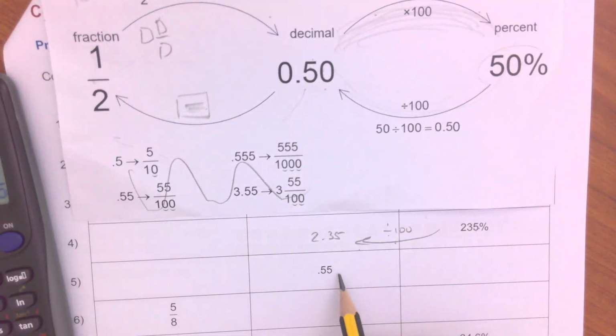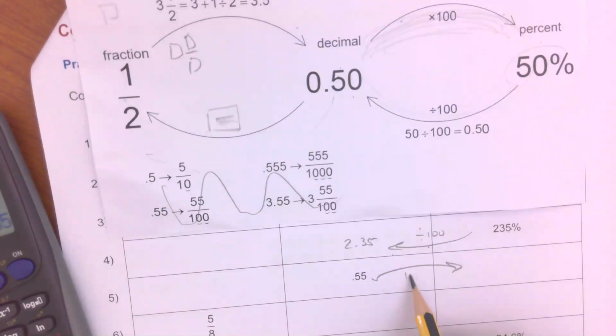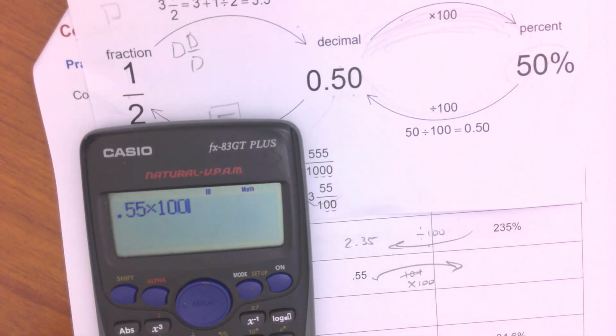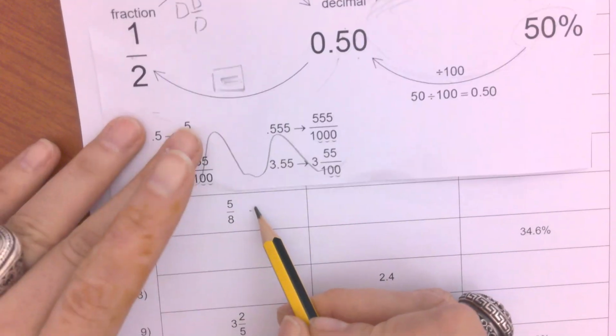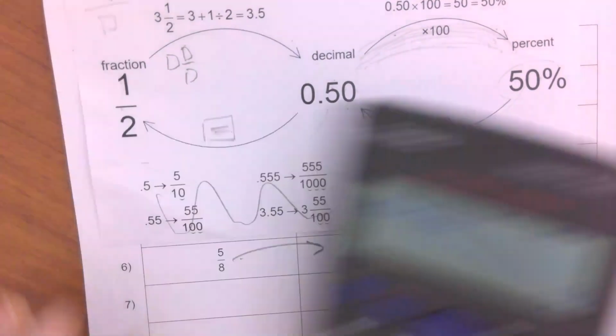Okay, I have a decimal and I want to change it to a percent. I have to times it by 100. Okay. If I have a fraction and I want to change it to a decimal, I can just use this button.